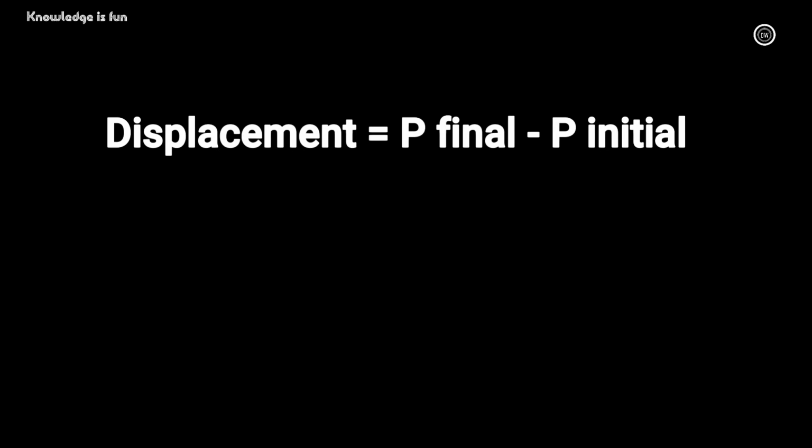So the boy's final position is at what? 7. Okay, and then the initial position is at 0. So when you have 7 minus 0, it gives you what? Plus 7. So that is the displacement. So that's the basic idea of distance and displacement.